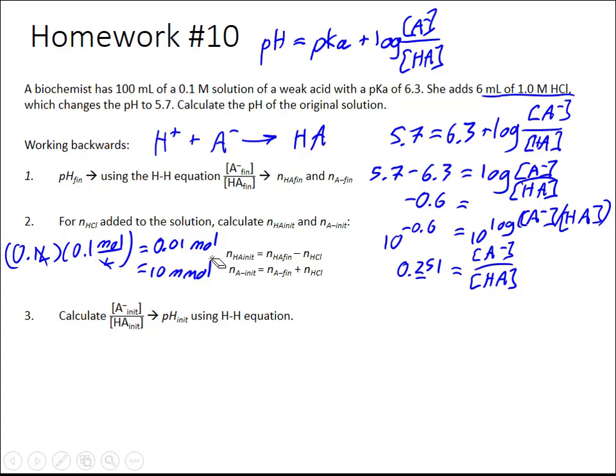So given that we know we started with 10 millimoles of this compound, and some of the conjugate base was converted to acid by a reaction, we're going to have to reverse that process and realize that some of the final acid we have was originally conjugate base by the relationship that the initial acid is equal to the amount of final acid minus the amount of added HCl, and the amount of initial base is equal to the amount of final base plus the amount of added HCl.